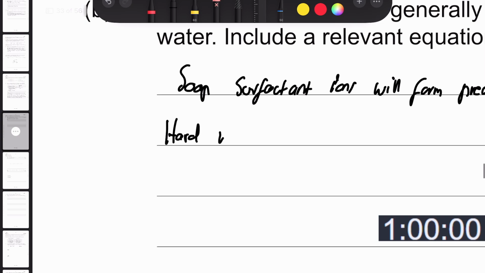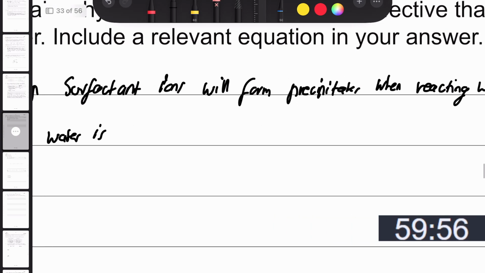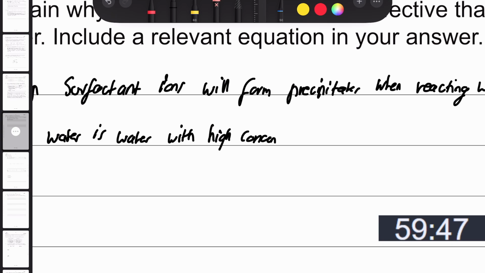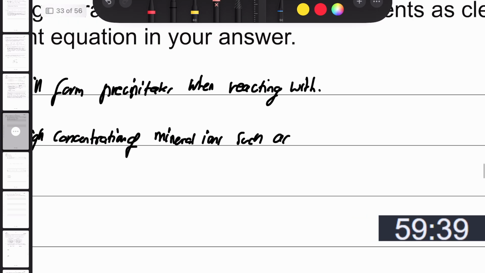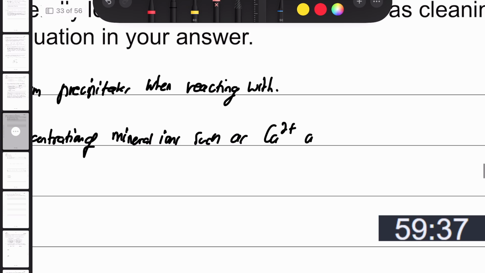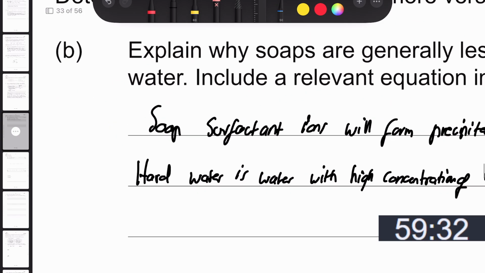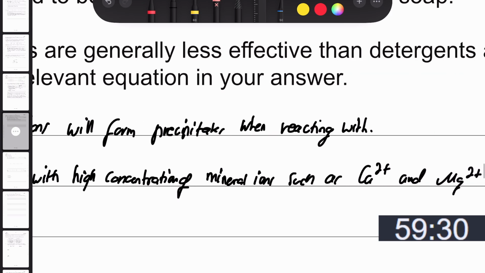Hard water is water with a high concentration of mineral ions, such as Ca2 plus and Mg2 plus. So this goes first.